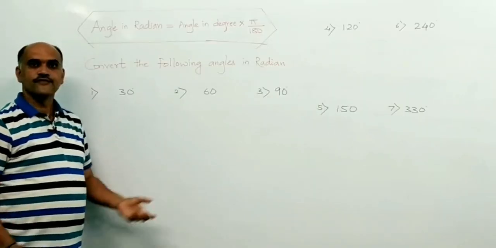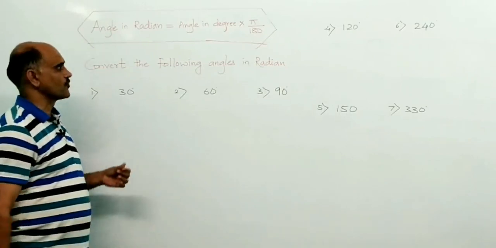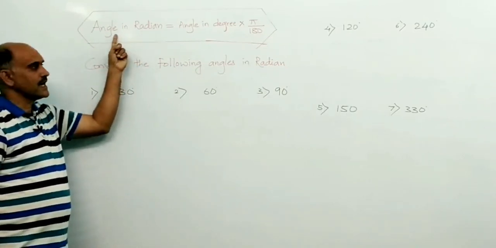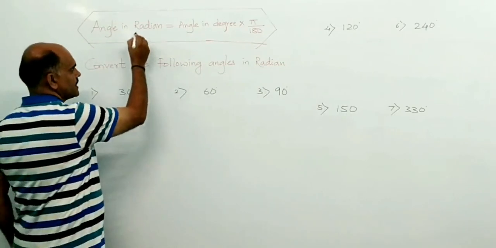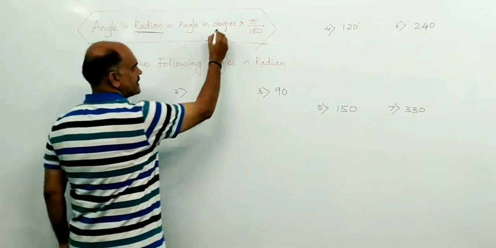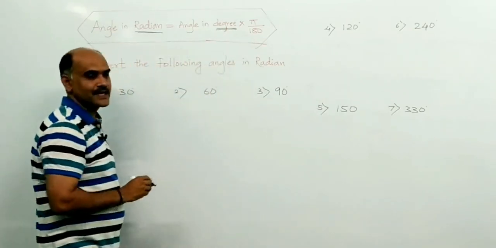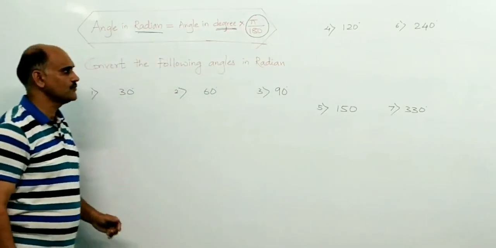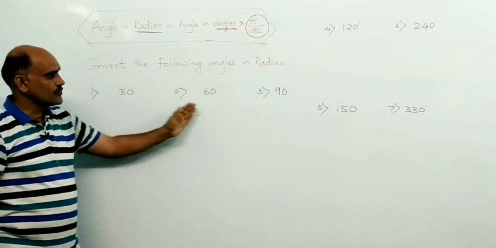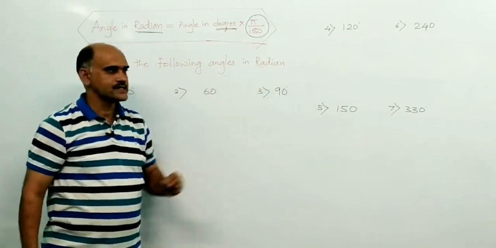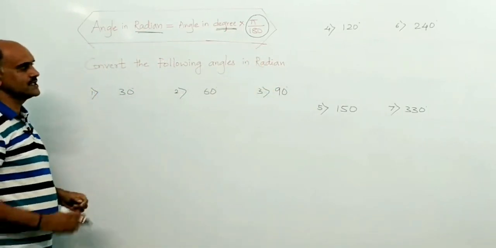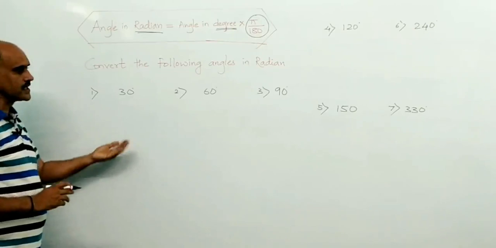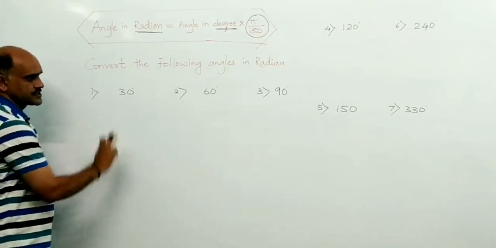Now we will see few problems on the formula. The formula is angle in radian is given by angle in degree multiplied by pi by 180. I have taken few angles, so we will convert them into radian. First, 30 degree.